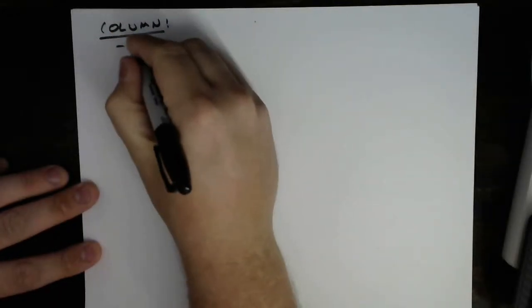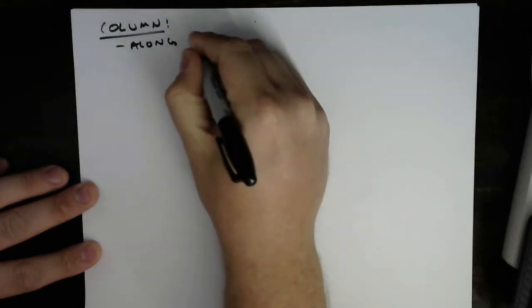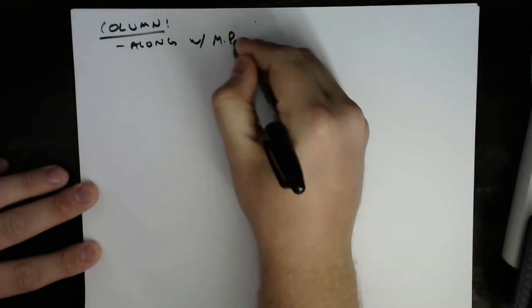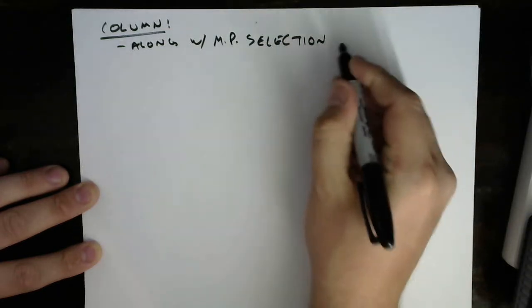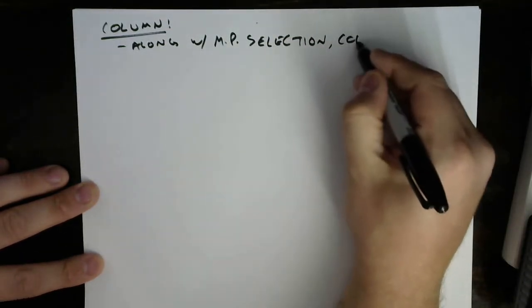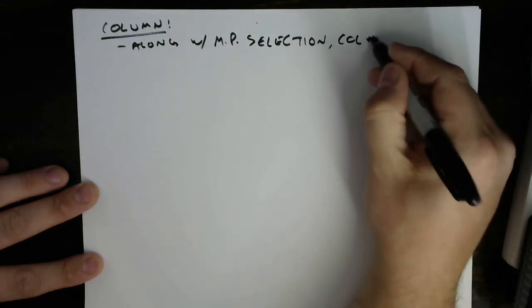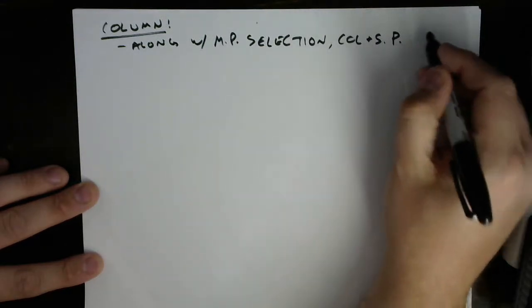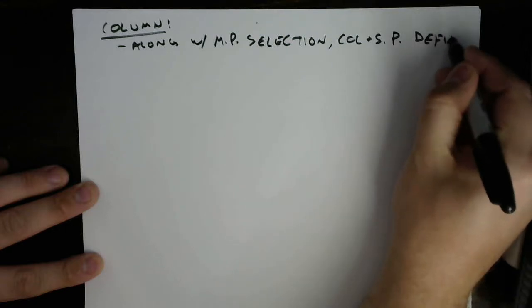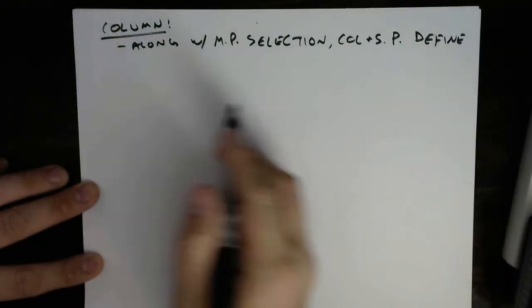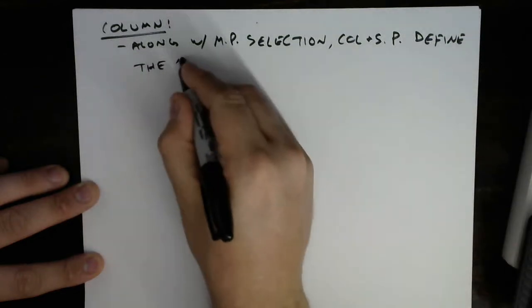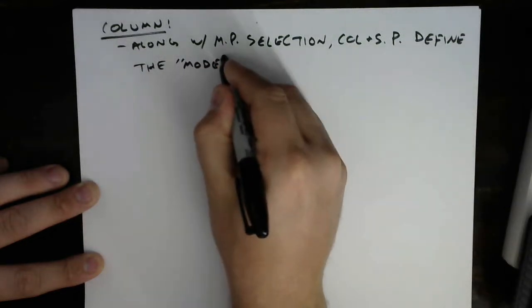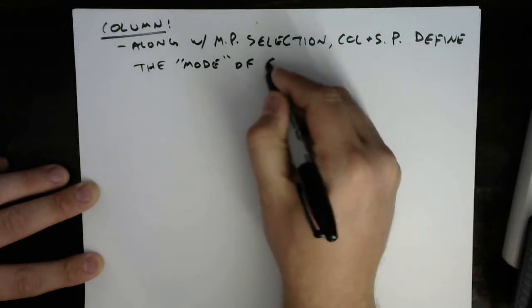Of course, it's not just the stationary phase in the column, so I'm going to say along with our mobile phase selection, the column, of course, contains the stationary phase. Define the mode, what we're calling the mode of chromatography.